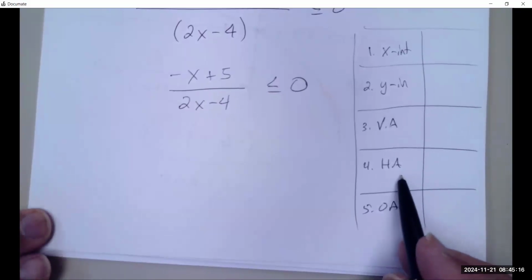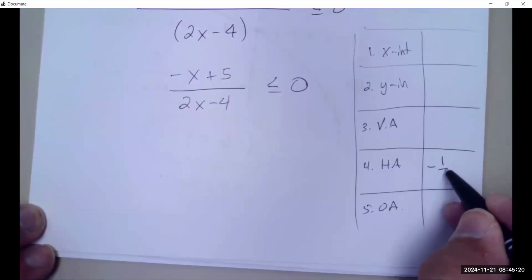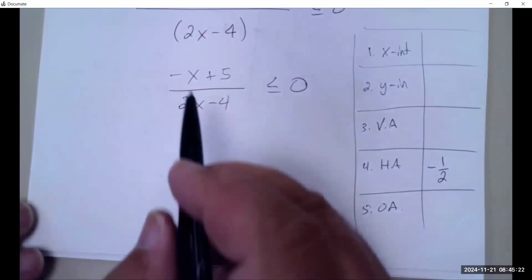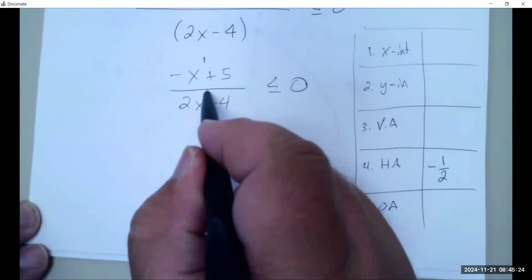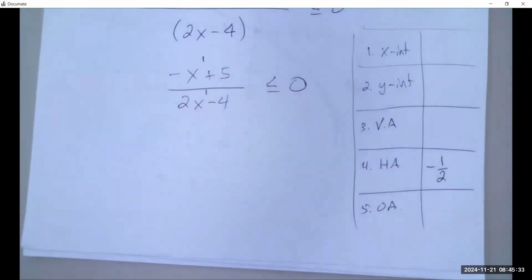Okay, what would the horizontal asymptote be? Since the degrees are the same, they cancel out. What's my y-intercept? Yeah, just the constant.